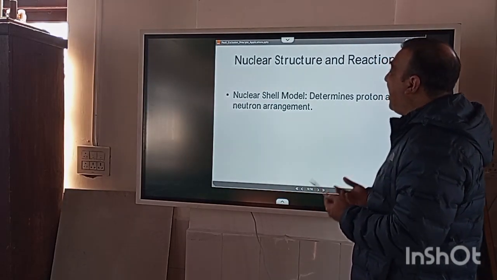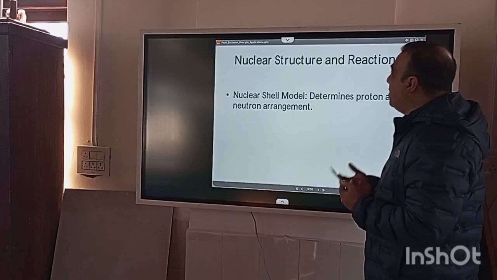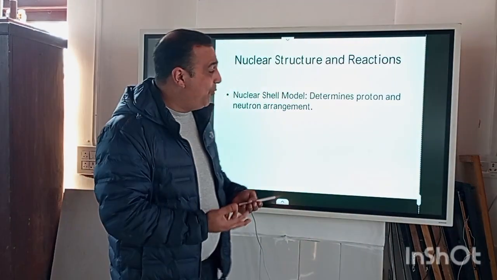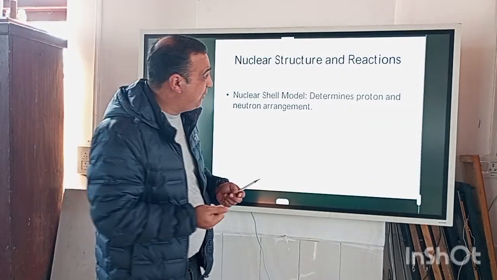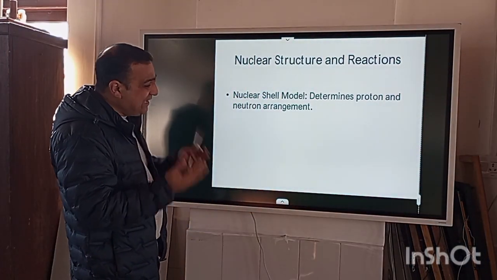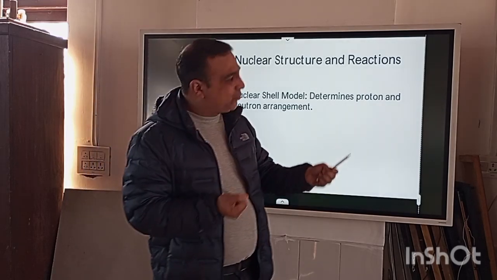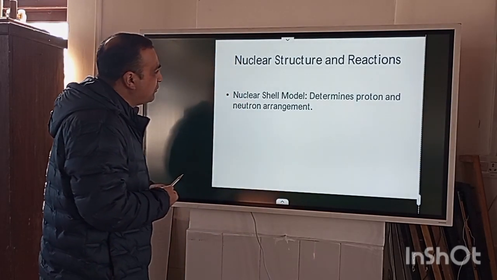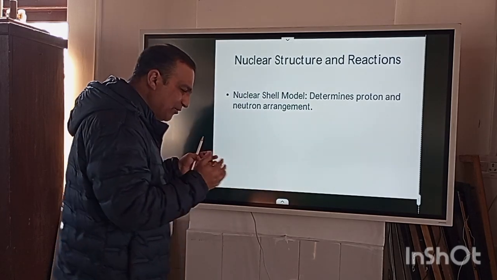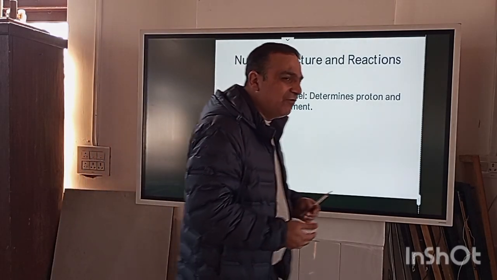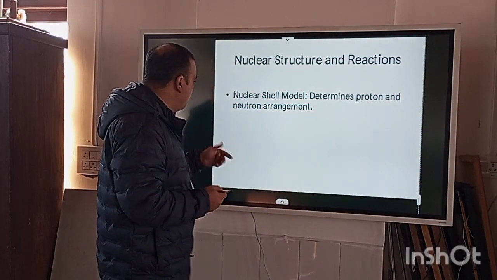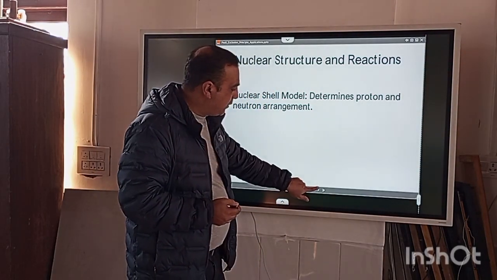Then it has a very beautiful role in nuclear structure and nuclear reactions, as it has a beautiful role in atomic structure and atomic reactions, as we talked about. It's a key postulate in the nuclear shell model, and it determines the arrangement of protons and neutrons, these fermions, within the nucleus of an atom.